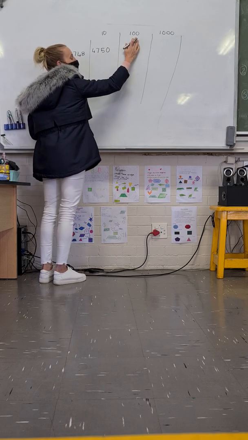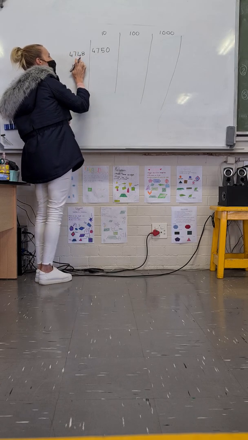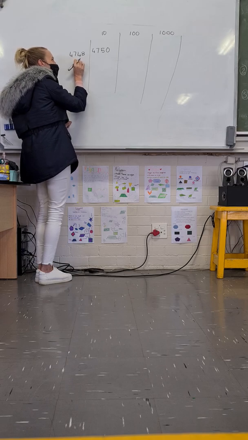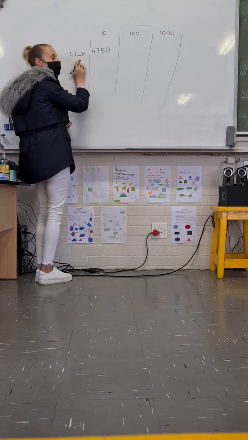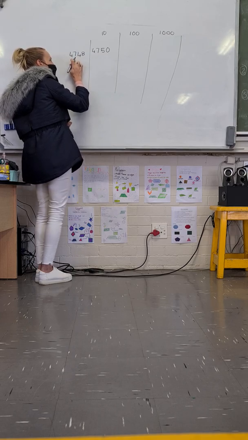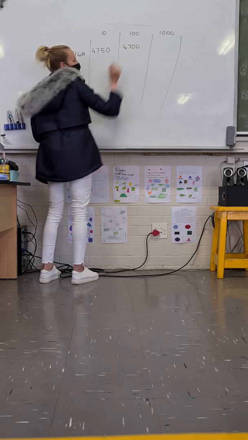When we're rounding off to the nearest 100, what do we look at, Lisa? The 10. Is this 10 going to make my 100 round up or round down? Round down. This 4 is lower than 5, so it's going to round that 100 down. So it's going to stay the same.